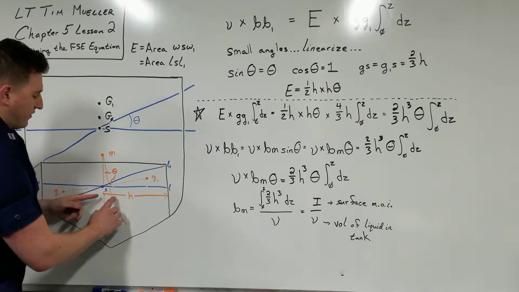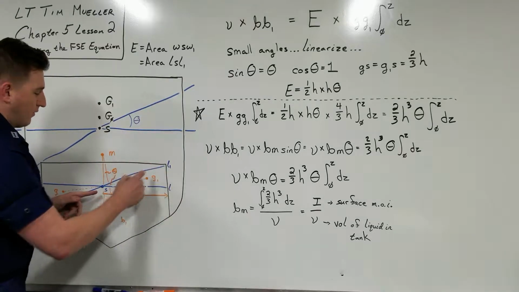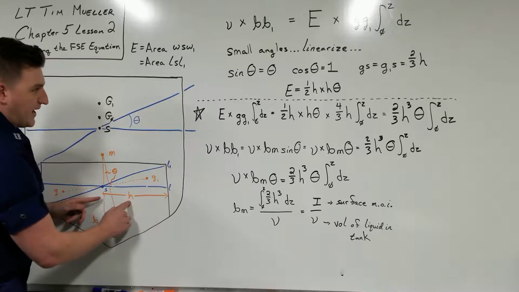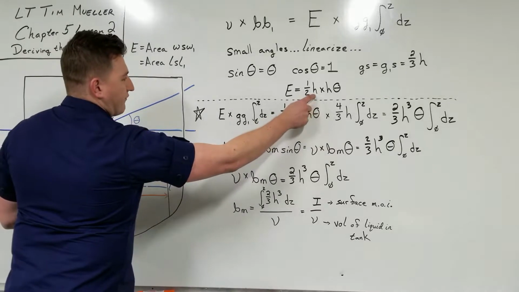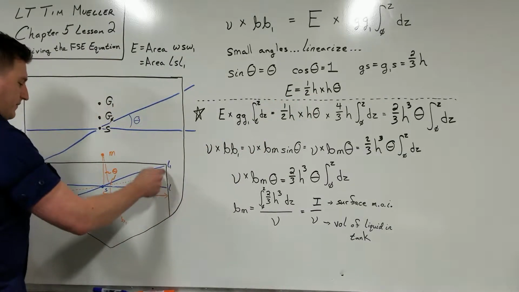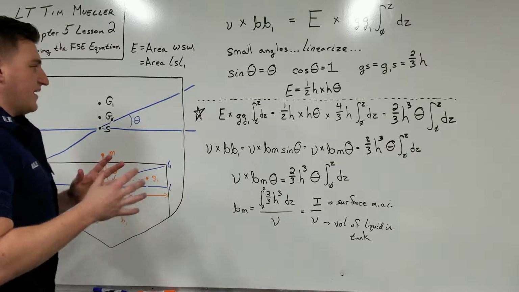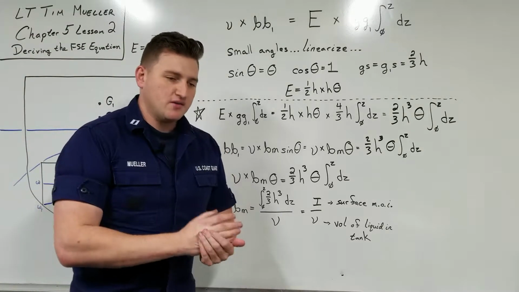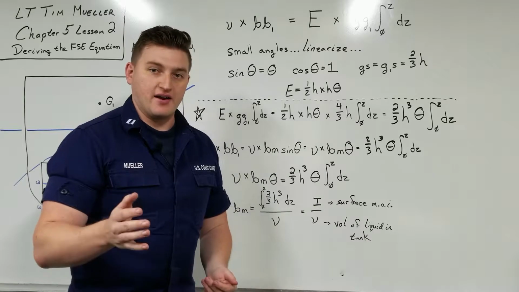Working with LSL1, 1/2 of the base is H divided by 2, or 1/2 of H. Now this height is the hypotenuse times the sine of theta.